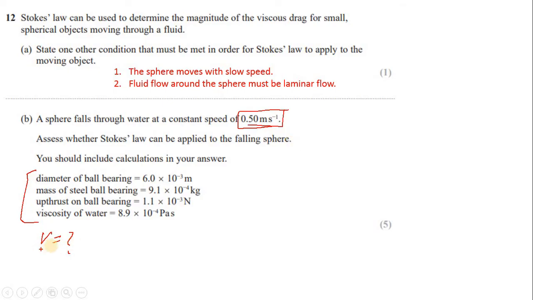So let's figure out, because it is falling with a constant velocity. Constant velocity means all the forces acting on the sphere are balanced. When a sphere falls through a fluid, we have weight acting down, upthrust acting upward, and a drag force.